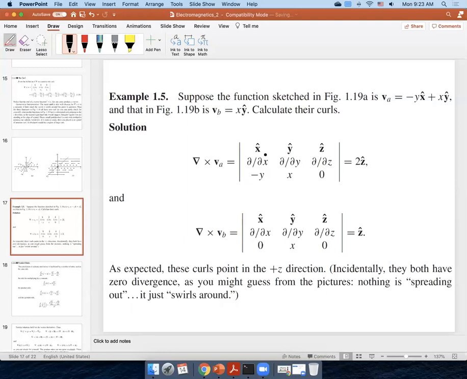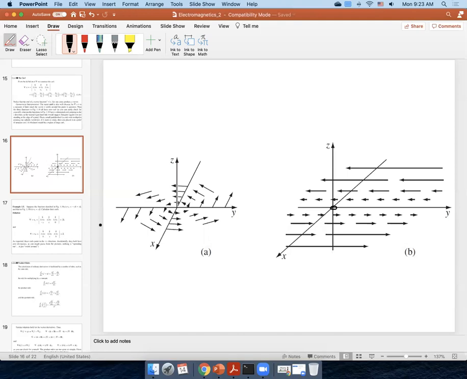Finally, after some calculations, you will get 2z, and here z is the unit vector in that direction. Here's another example. If you do the similar thing, you can get it in this way. So as expected, the curls point in the z direction, as shown here by the right-hand rule.